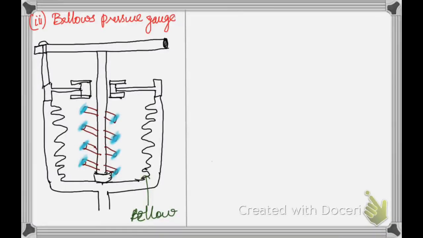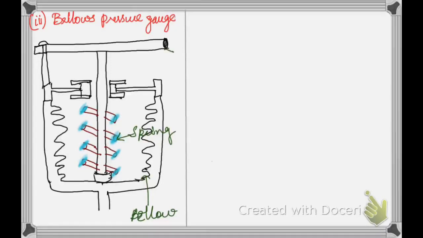And it mainly works on the principle of elasticity. It consists of metal bellows which expand or contract when pressure is applied. So when any pressure is applied, it can either expand or contract. So for this purpose you have a spring here. Because of the spring, when the pressure is applied, it can expand or it can contract.